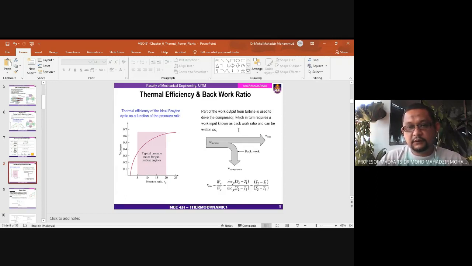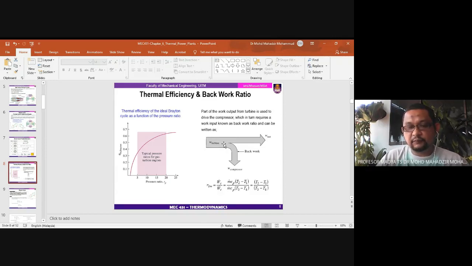You also have to know another term in Brayton cycle thermodynamics, the back work ratio. What is the back work ratio? It is the work of the compressor divided by the work of the turbine.